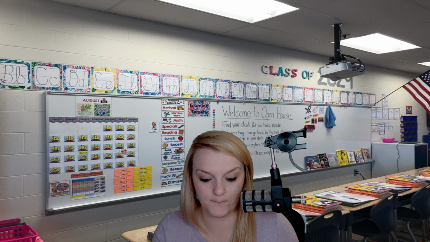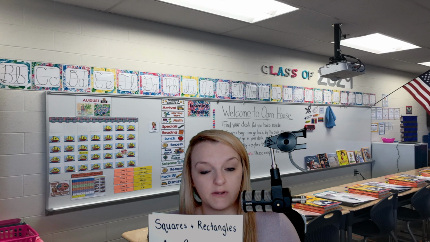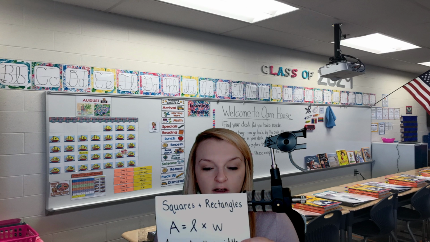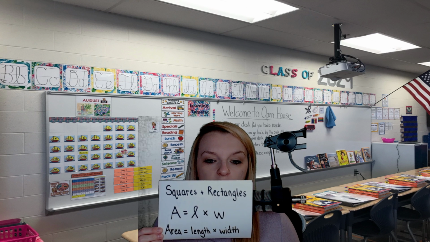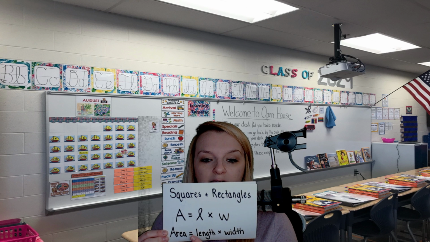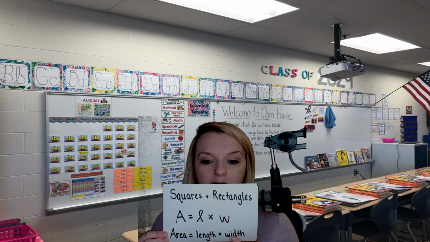The easiest way, I think, is if it's a square or a rectangle that you're asked to find the area of. There's something very simple that you do. Area of a square or a rectangle is length times width.